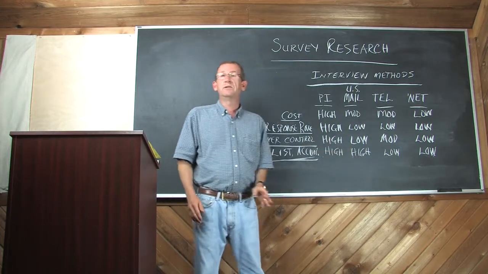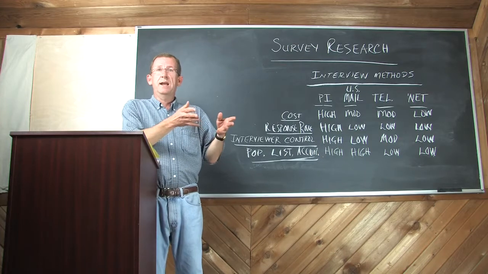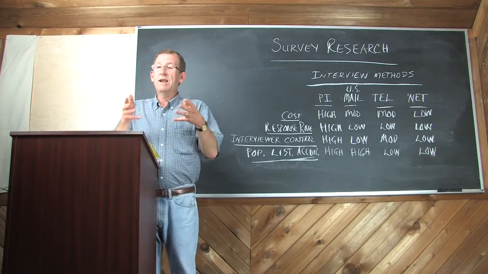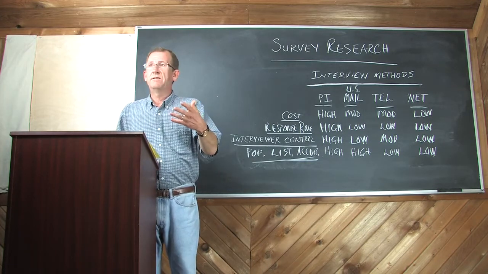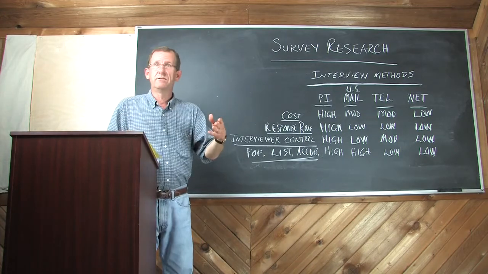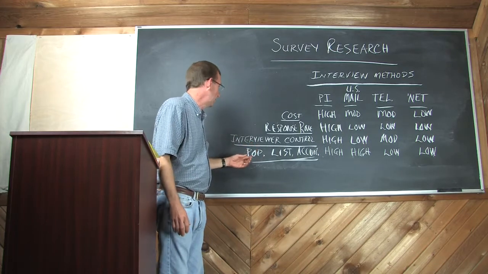Horrid on interviewer control, you have none. So even if you have someone filling out your mail survey, you have no guarantees that they're understanding the questions. You have no sense of their literacy. You have no sense of whether English is the first language. Have very little or no control here.